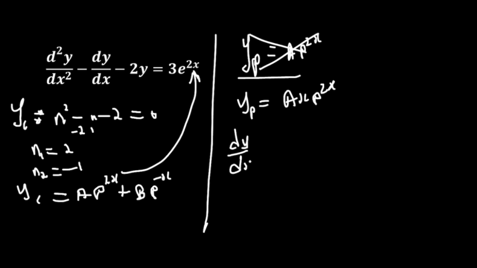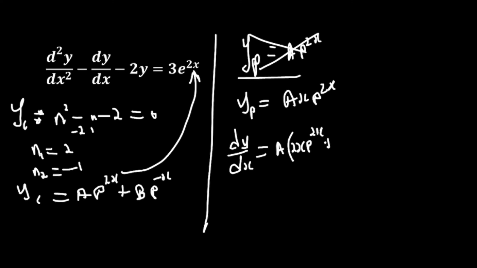Looking at the first derivative of this function, dy/dx will simply be equal to, this is a product and a is a constant. So we just factor out a as a constant, and if we keep x constant and differentiate this, we're going to have 2. So there is a 2 there, e to the 2x.